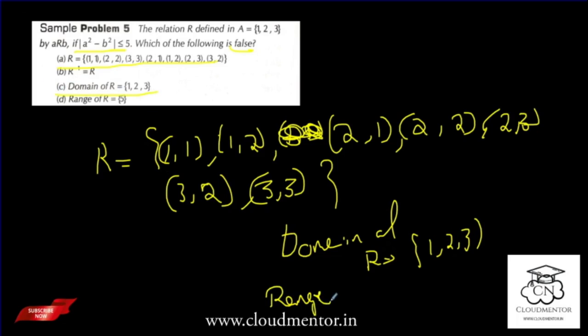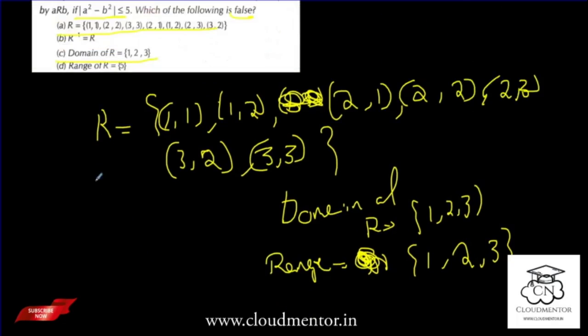And the range will be equal to set of the second elements, that is 1, 2 and 3. Sorry, yes, the range will be the second elements, that is 1, 2 and 3. And now we can find the R inverse.